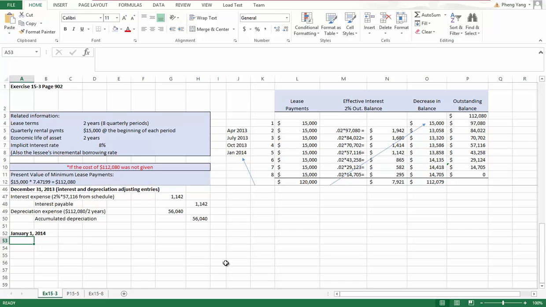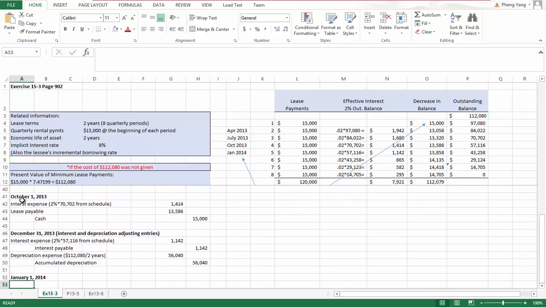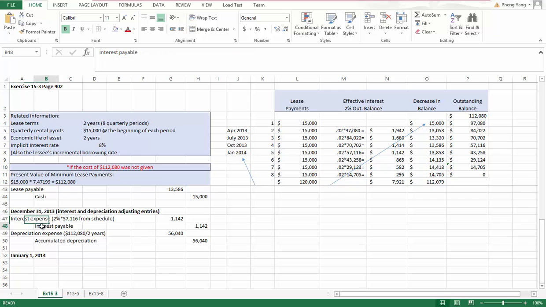So January 1st, 2014, we're going to make that entry for the payment of the lease. This entry is going to be different from the earlier entries, because we've already accrued for that expense. We don't debit interest expense again, but we actually reduce this payable account, this liability that we created at the year end. We had to create this liability because that is what we incurred as an expense, but we haven't paid it yet.